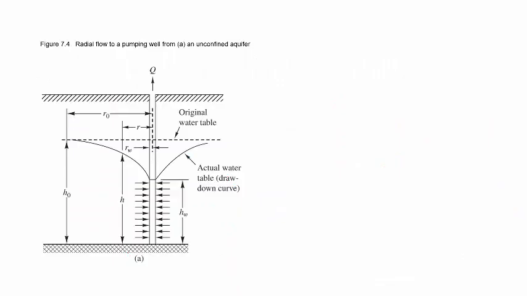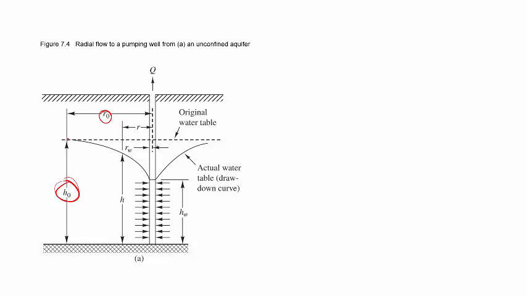Now let's look at unconfined aquifers. I find this more fun, and remember we have very similar notation, except we don't have the thickness of the aquifer. We have here the H0 and R0, so here's like the radius of influence, and at a radius equal to that or larger, you will have this H0, no drawdown.